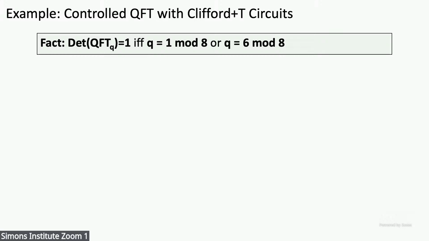Okay, so you'll just have to take my word for it. The determinant of the quantum Fourier transform is not always going to be 1. It's going to be 1 about a quarter of the time, and depends on the modulus you're doing the Fourier transform over. And in particular, in the commonly used case where the modulus is a power of 2, the determinant is actually not going to be 1.